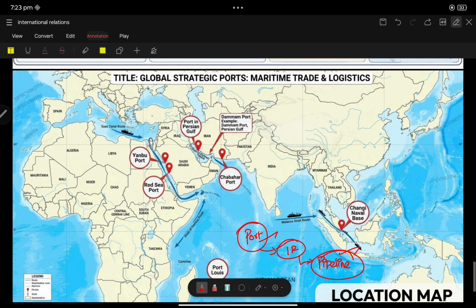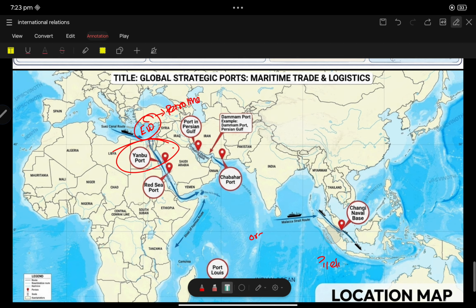First, Yanbu port. Yanbu port is located in Saudi Arabia, on the Red Sea. Here the petroleum line, the East-West pipeline, is there. Other than Yanbu port, there are multiple ports present in the Red Sea.